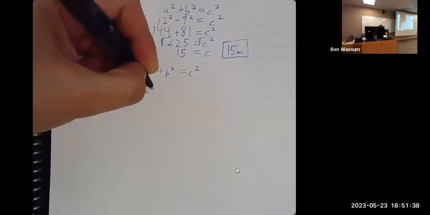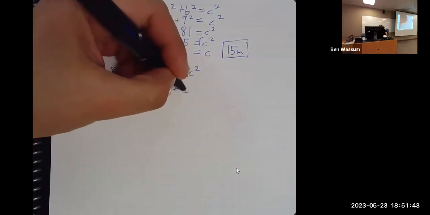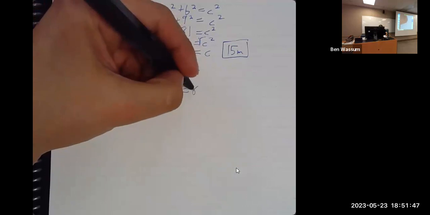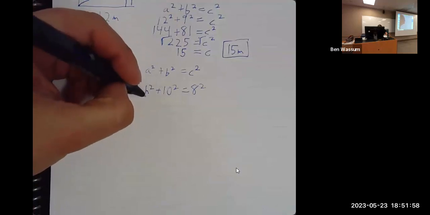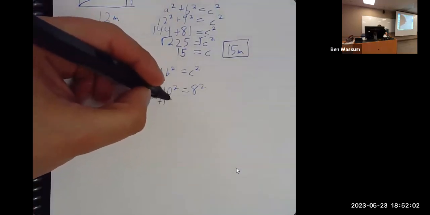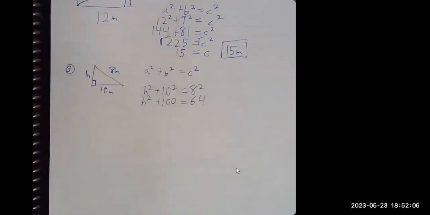We'll have h squared plus 10 squared is equal to 8 squared. So now we have that, we're going to clean it up. So that's going to be plus 100, equals 64.